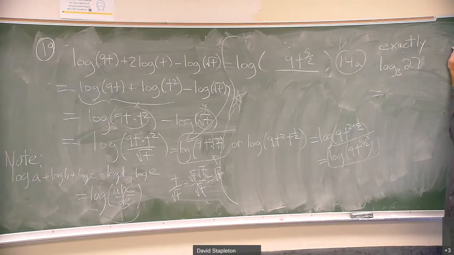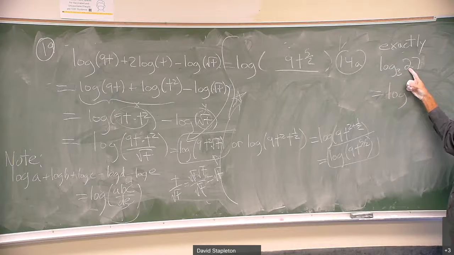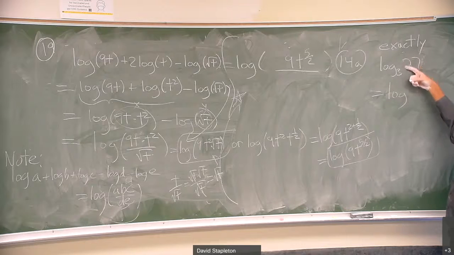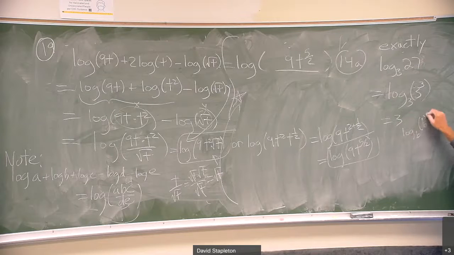What is this exactly? 3, yeah, right. How do you get that? The way you do these exactly is you can only do it if you can write the argument as a power of the base, right? If you write the log base 3 of 27, wait a minute, 27 is 3 cubed, right? Now log base b of b to the x is just x, so this is 3. Using the property, log base b and b to the x undo each other.